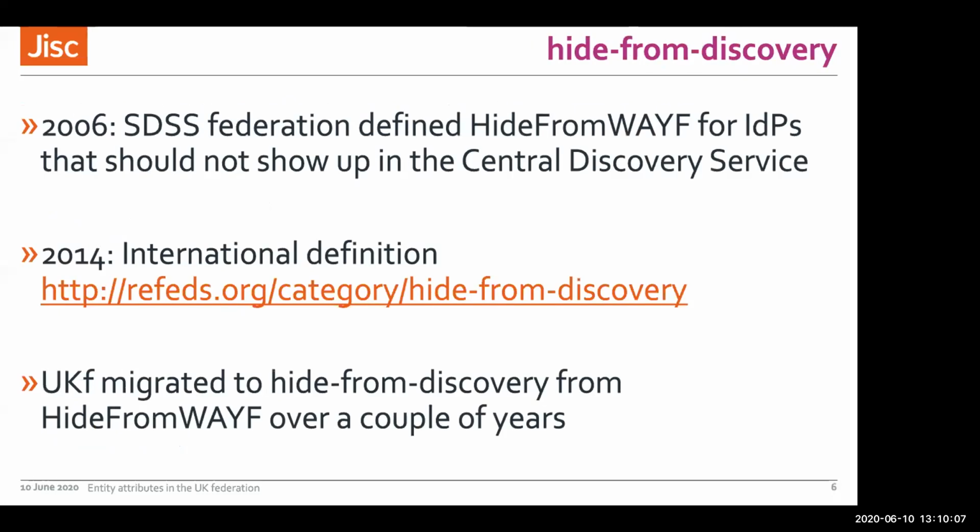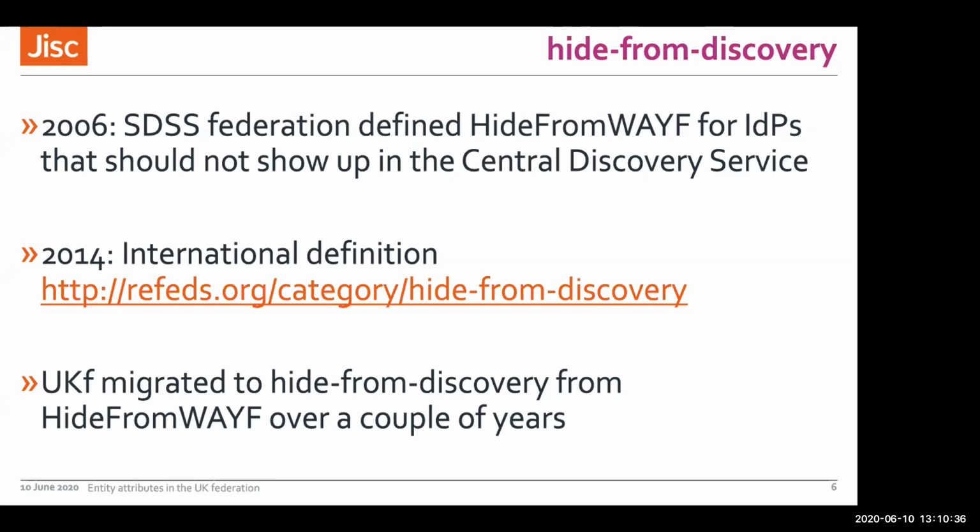So a couple of kind of familiar examples. The first one is hide from discovery, where back in a precursor to the UK Federation, there was a need for someone trying to access a service to say where do you come from, and SPs would at that point offload their discovery.